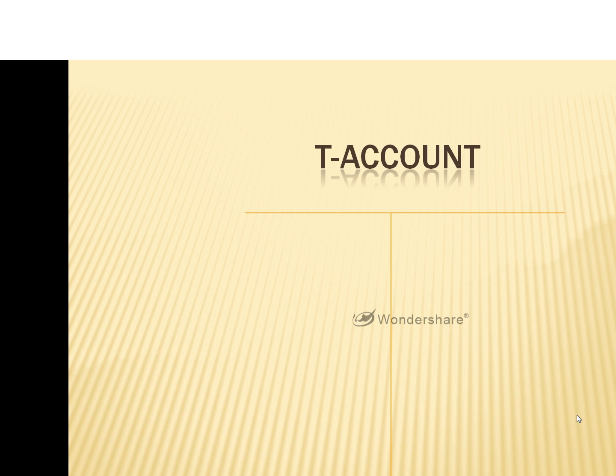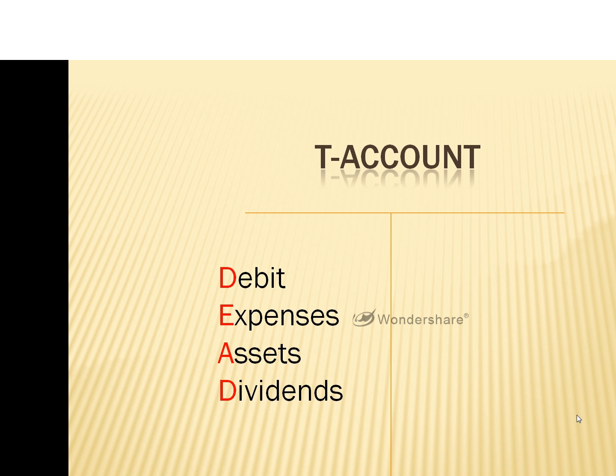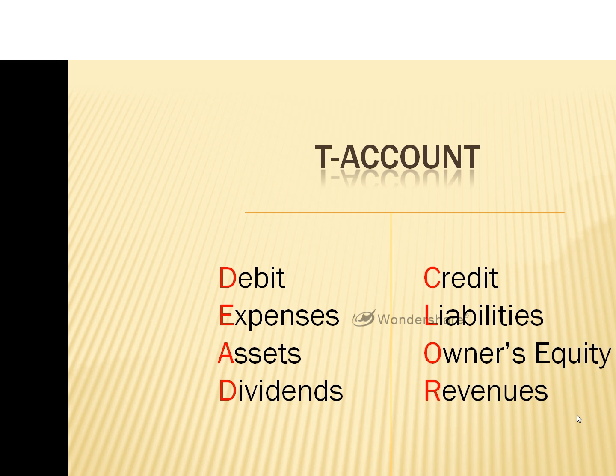So if we bring this into the T account, we can see that this account has been set up to look like a T. The book has said in their roundabout way that all debits go on the left side of our T account and all credits go on the right side of our T account. So if we put our acronyms in, each time we want to increase an expense, we are going to debit it.